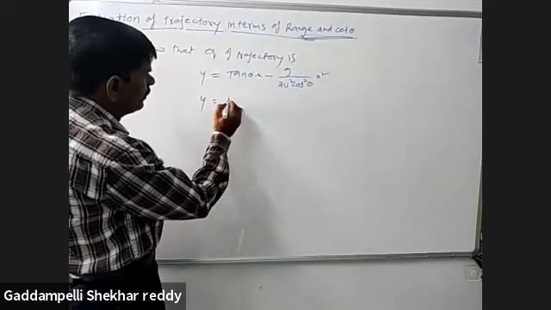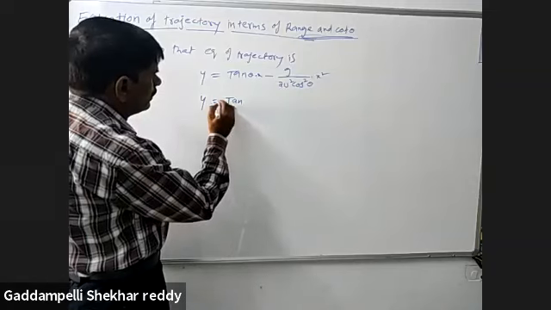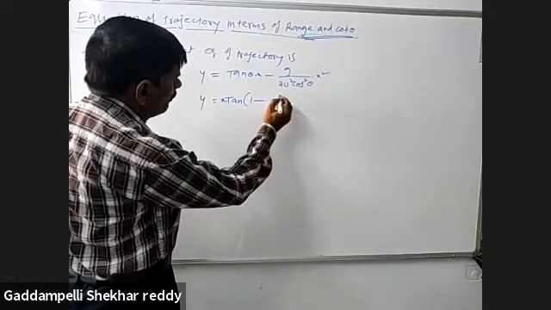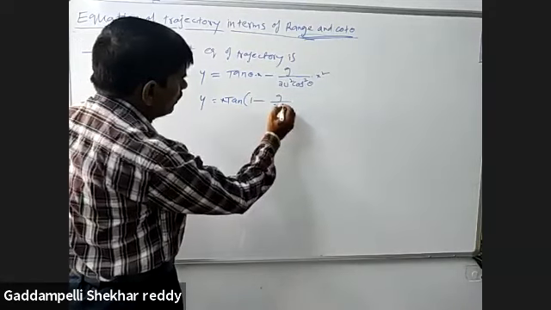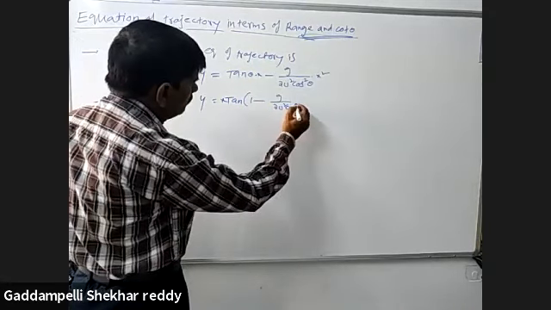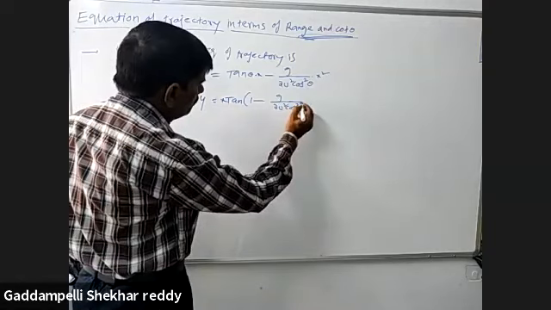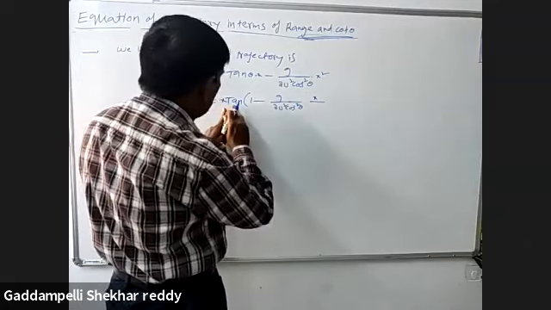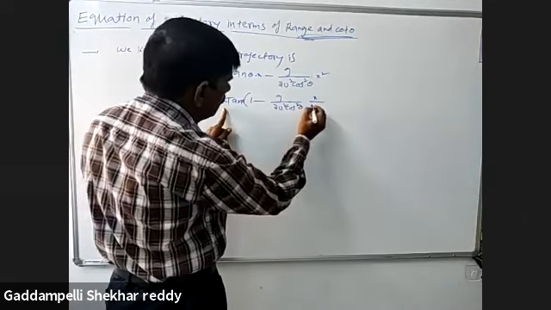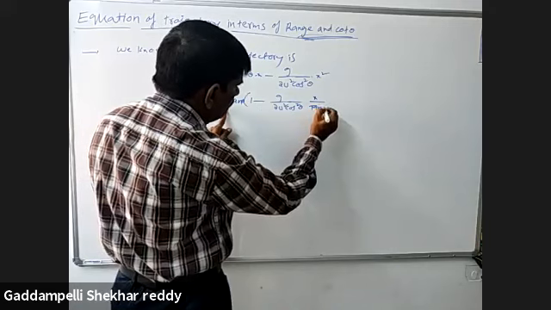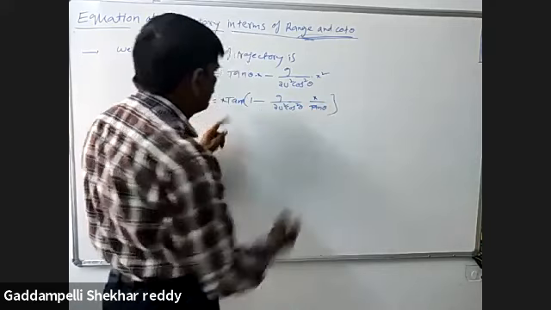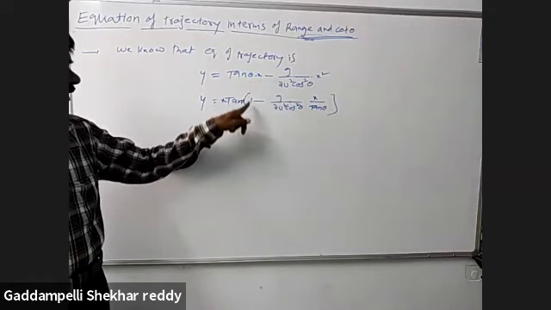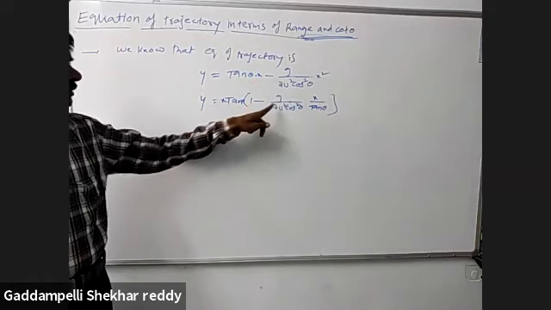From this equation, we take x tan theta common. Inside the bracket, the remaining term is 1 minus g by 2u square cos square theta times x square by tan theta.